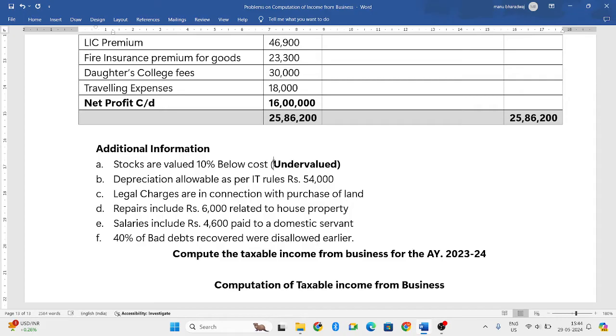This is the first problem in which they have given the undervaluation of stock, and you may get a doubt now. They have not mentioned whether it is opening stock or closing stock. In such instances, when they have clearly not mentioned whether opening stock or closing stock is undervalued, what we are going to do is consider both opening stock as well as closing stock as undervalued.